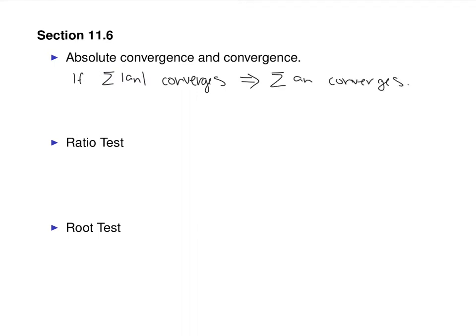This is how you might deal with series that have negative terms that are not alternating. Note that it is not true that if the sum of an's converges, this implies that the sum of the absolute values converges.